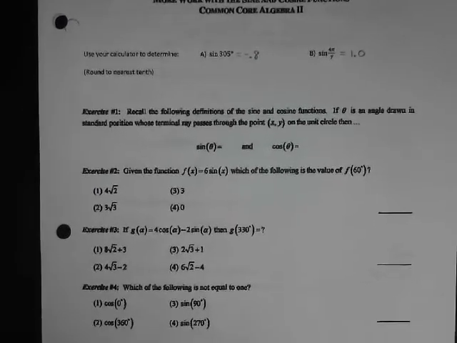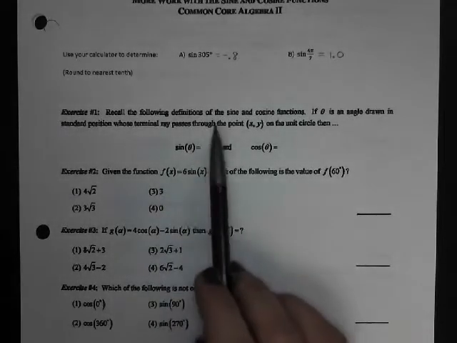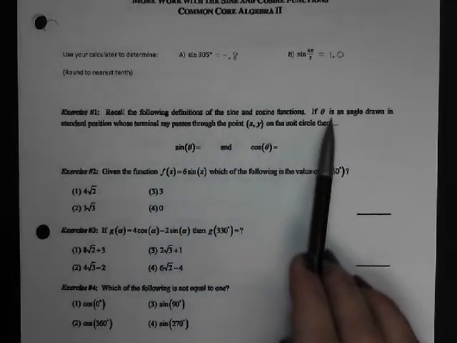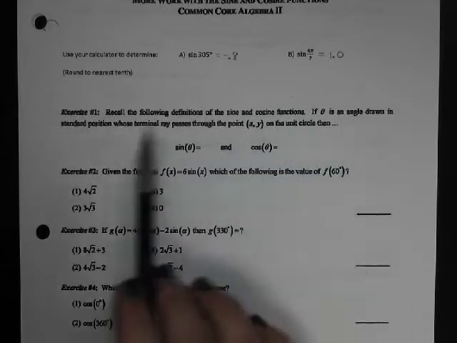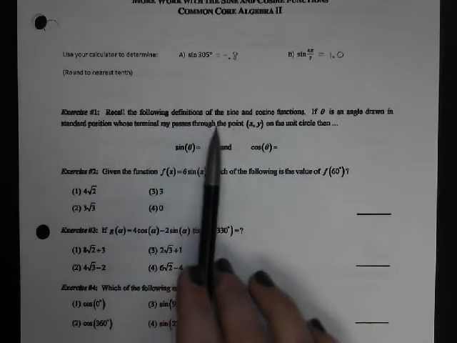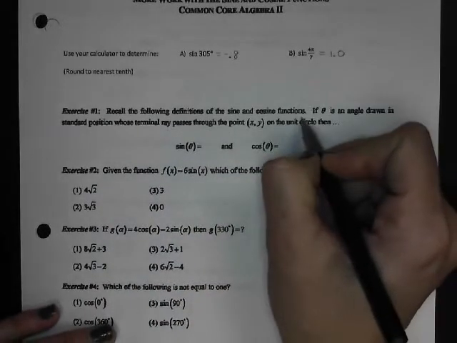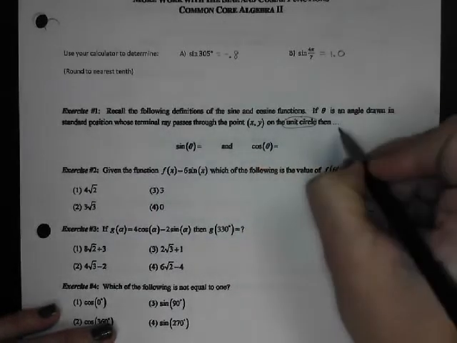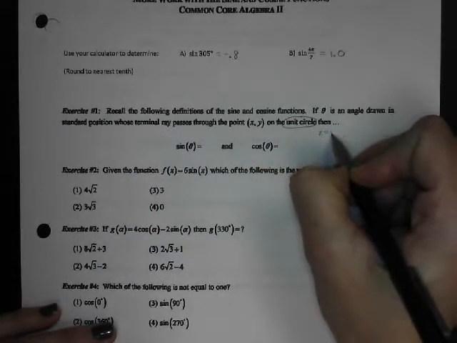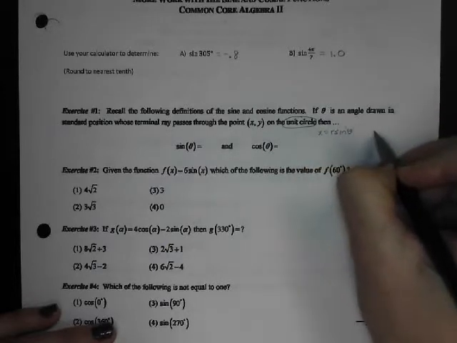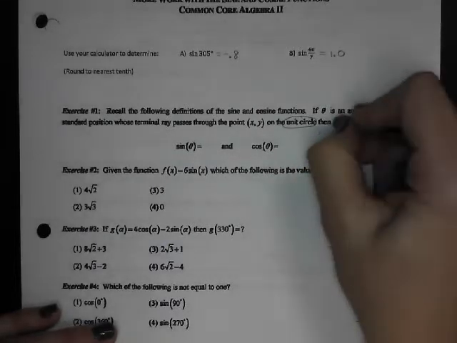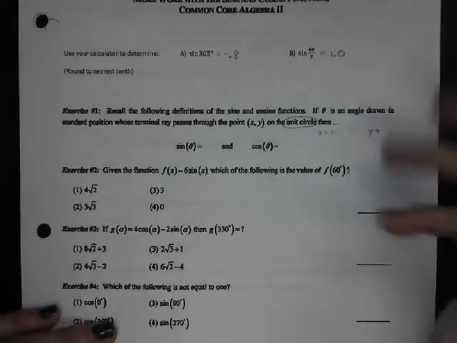For exercise 1, recall the following definitions of the sine and cosine functions. If theta is an angle drawn in standard position whose terminal ray passes through the point (x, y) on the unit circle, this is telling us that the x-coordinate is r cosine theta, and the y-coordinate is r sine theta. Oops, I'm sorry, I did that backwards from what we did in class.